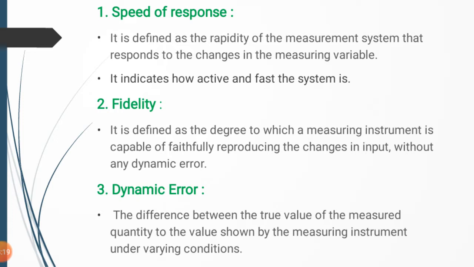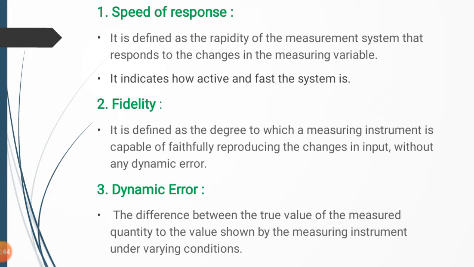That means if we take a particular sensor and provide a measuring variable, that means input, then how rapidly it responds to that input is defined with the help of speed of response.